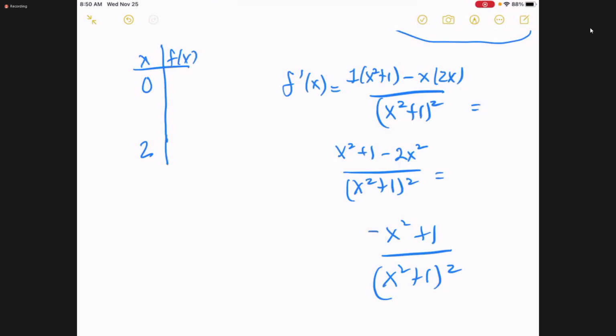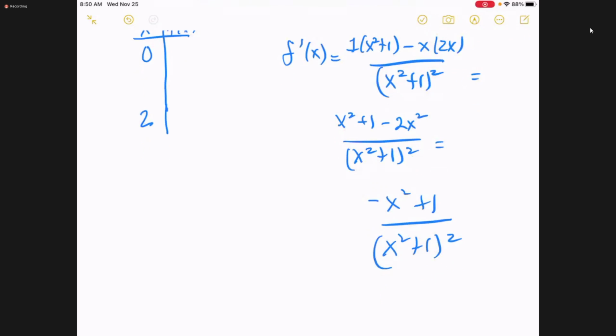Okay, so critical numbers, we want to set that equal to 0. Here, you don't get any critical numbers from f prime not existing. This f prime always exists because, again, the denominator is always positive.